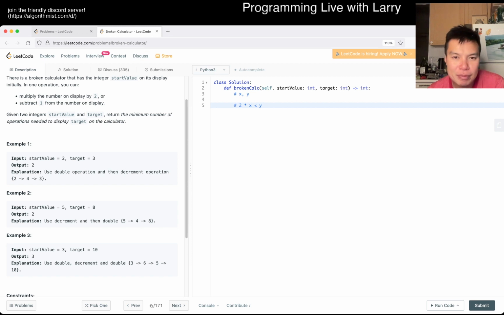Well, in this case, it always makes sense to divide by 2, right? Just because it takes one operation, and even if x is 1 or something, it doesn't matter. This is just easier to do. So this is the case where greedy makes sense.